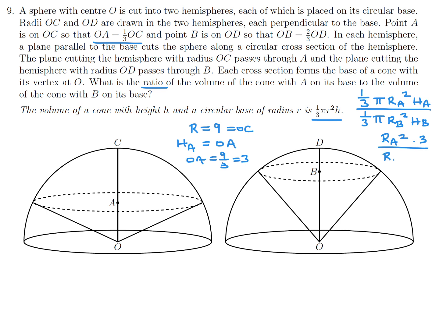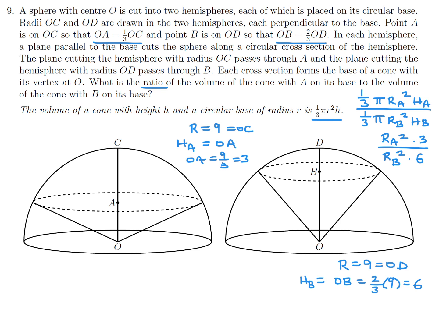And then I'll have RB squared, and I have to figure out HB. In a very similar way, in the other diagram, the radius is also 9, and that represents OD. And for that one, OB, which is the height of B, is 2/3 of OD, so 2/3 of 9, and that looks to me like 6.